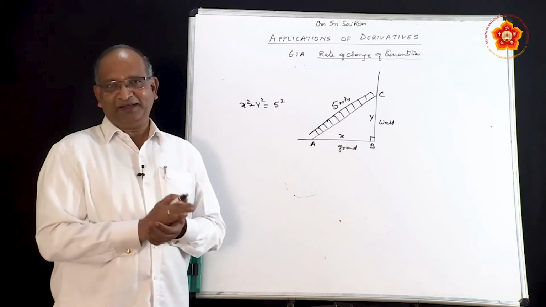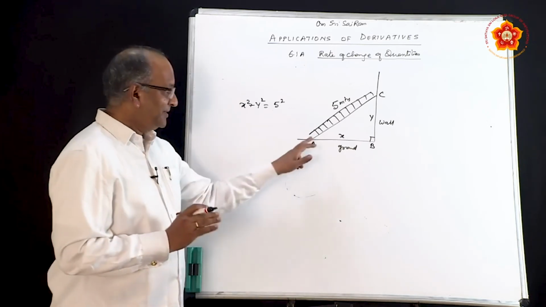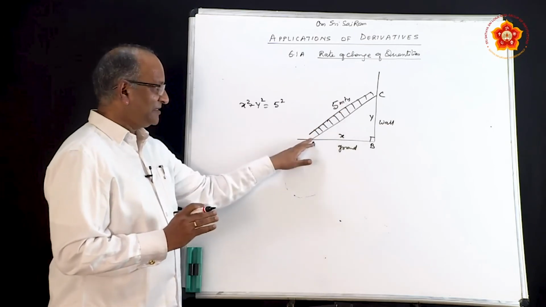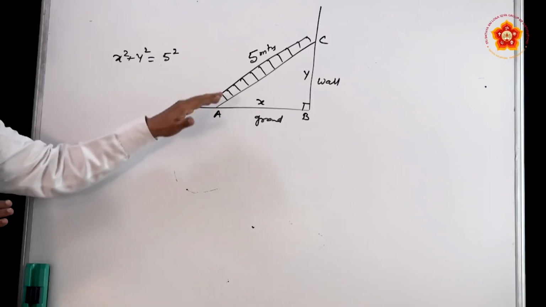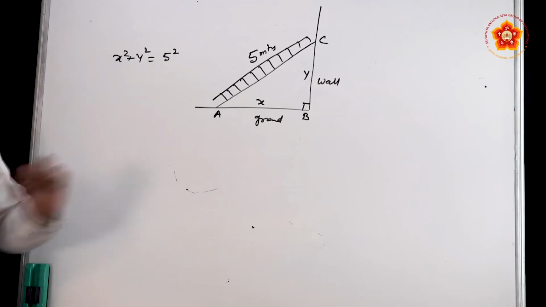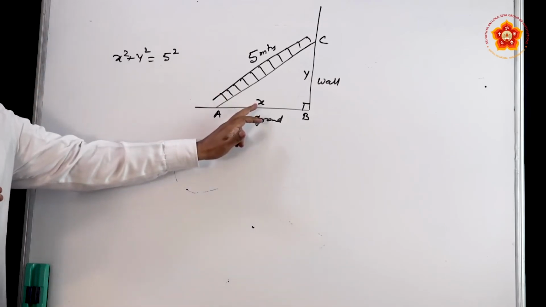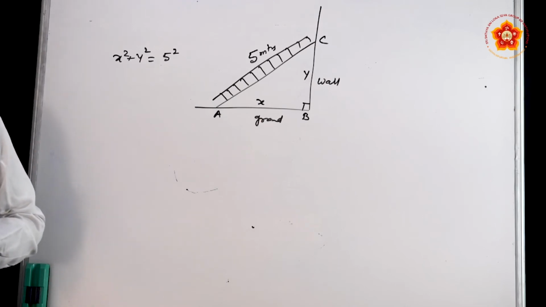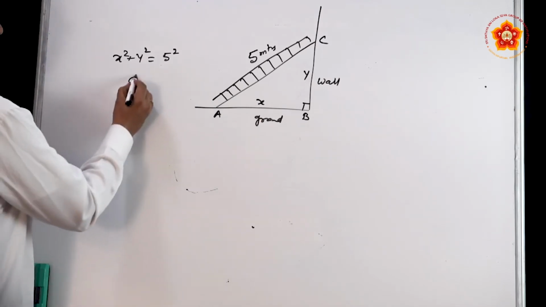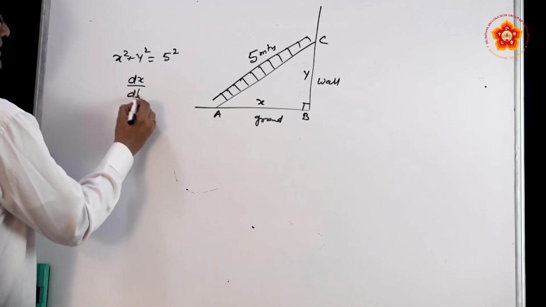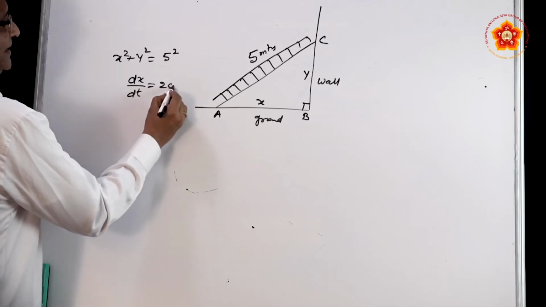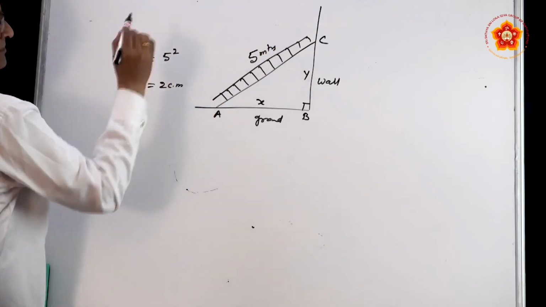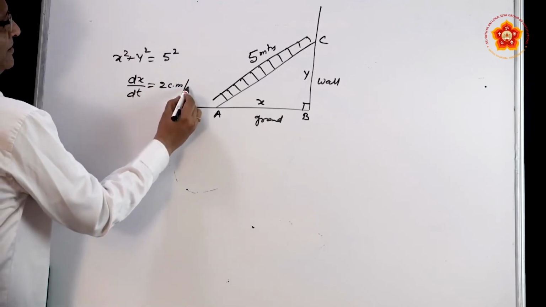What else has he given? He says that this ladder which is resting at A is being pulled away. So, he has given the rate of change of x, and it is dx by dt is 2 centimeter. Remember that length is in meters, this is in centimeters per second.